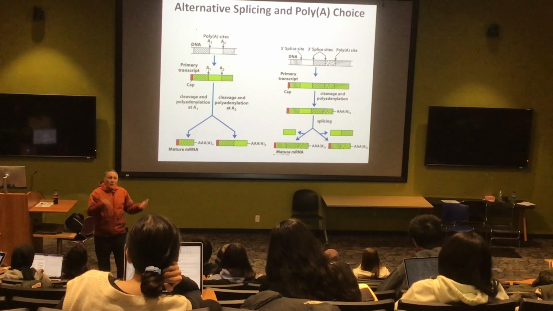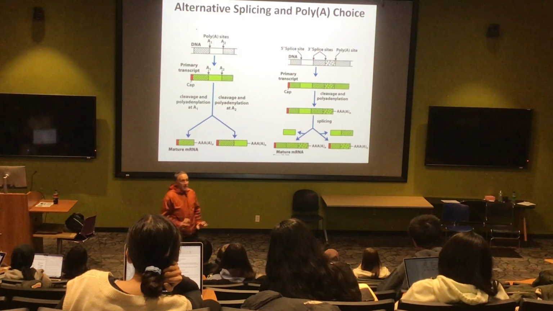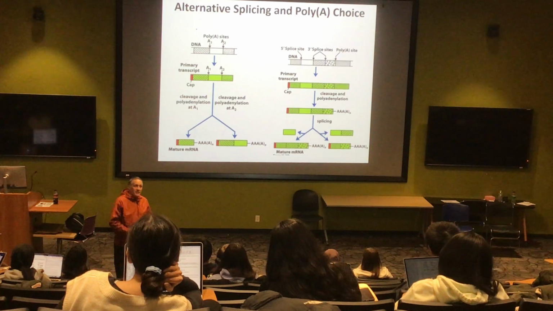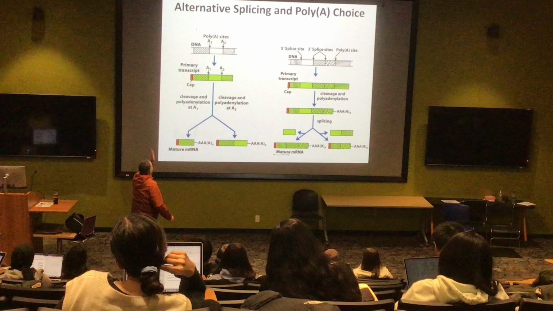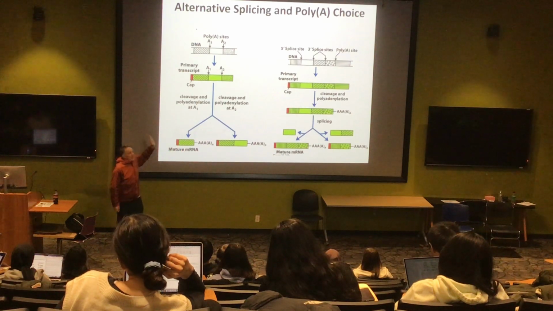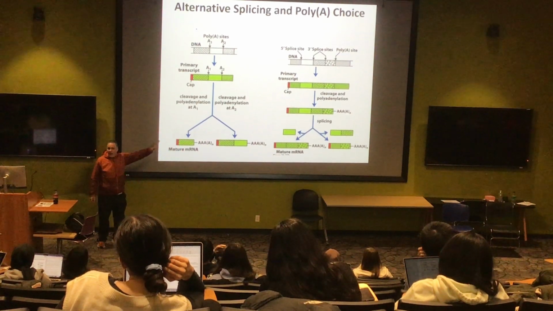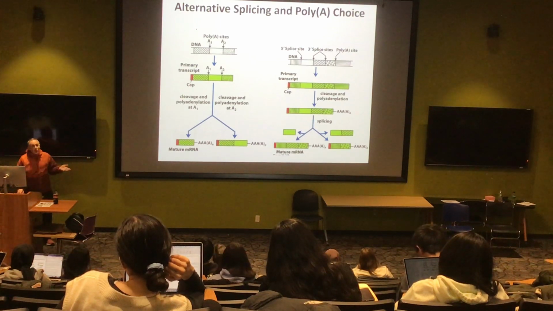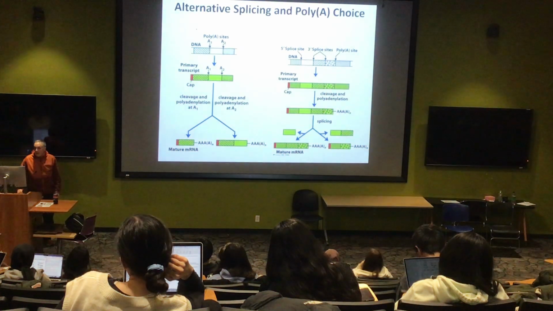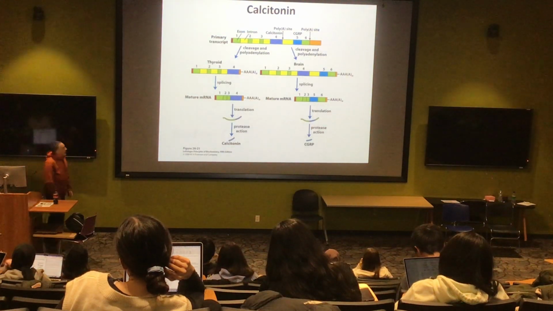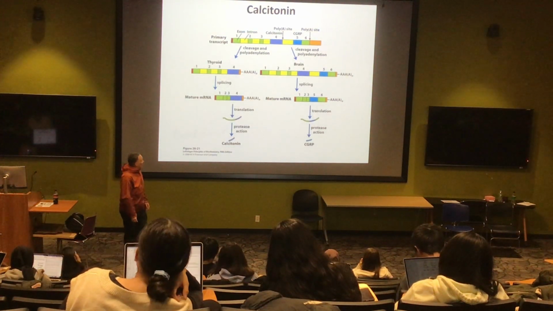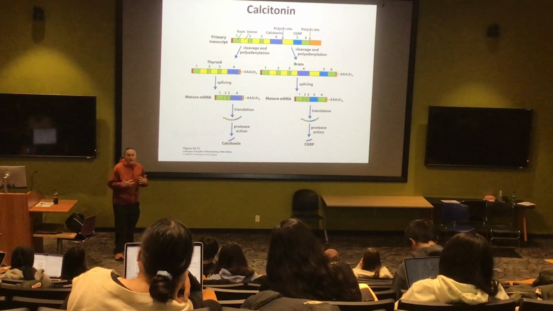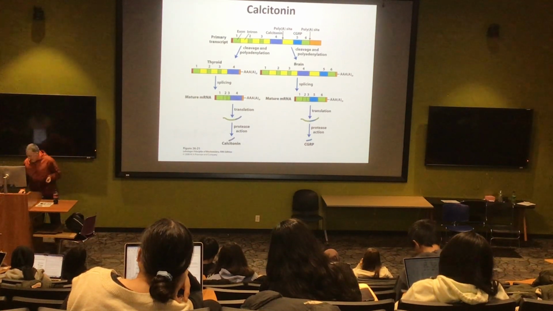But then, when it wants to make soluble versions of antibodies to release out into your circulation, into your plasma, so that you can fight infections, it switches to using the first poly-A site, in which case it ends after A1. That's where the poly-A tail gets added, in which case there's no transmembrane domain present, so you have a soluble protein.